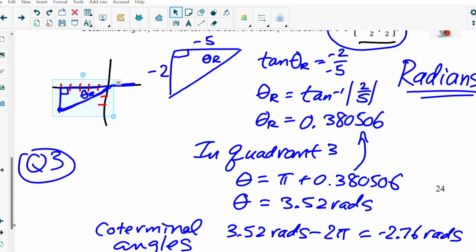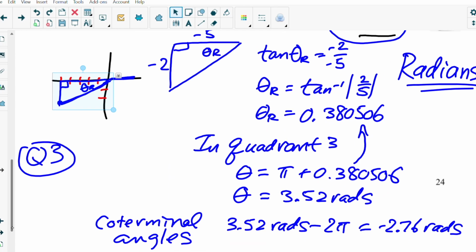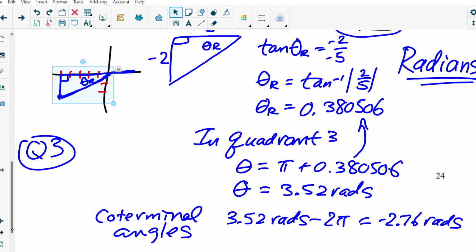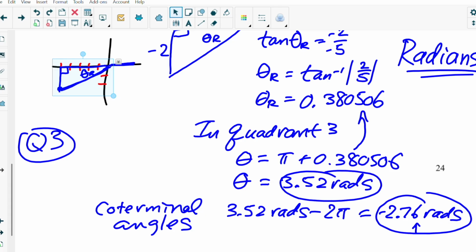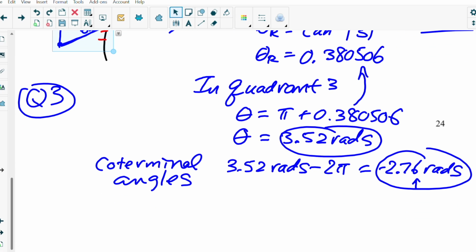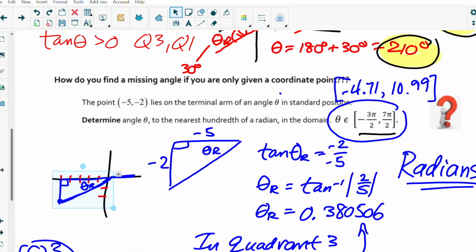Negative 2.76. If I subtract another 2 pi radians from this, I'm outside of my boundary, right? So that's one solution. This is my first one. That's my second one. And then let's go more positive. So if I take 3.52 radians and I add 2 pi radians, I get 9.80 radians.